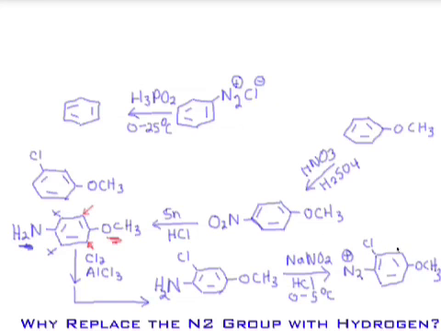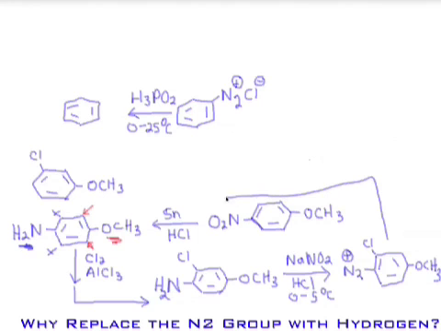Now all we have to do is hit this with H3PO2, and we remove the N2. We hit this with H3PO2 at 0 to 25 degrees C. And the N2 is removed, and you have your meta-substituted chlorobenzene.